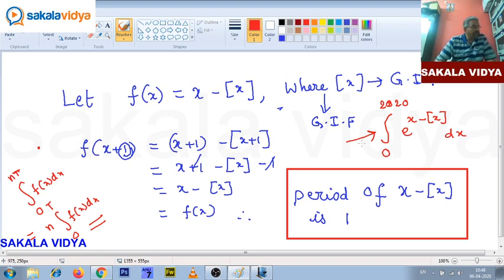No, the greatest integer function is not differentiable, because we need to see the left hand derivative and right hand derivative. If both are equal, then only it is differentiable. Definitely we shall discuss it, please do not deviate, I am just giving where we shall use it. Generally one of the viewers asked me, sir, what is the weightage? The weightage may be less, one question will come from this chapter, but it will be useful for the integration chapter and some other chapters also.